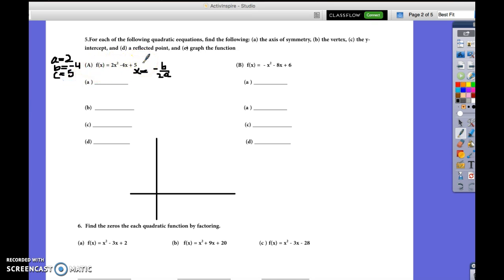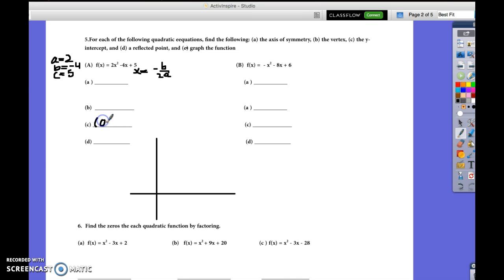Okay? And while I'm looking at it, right off the bat, the easiest one of these questions to answer would be the y-intercept. The y-intercept is always the constant term which doesn't have a variable beside it. So if you want, we can already go there. Y-intercept is part C. So the y-intercept is going to be the y value when x is 0.